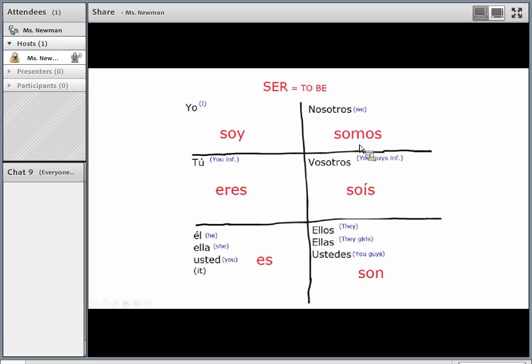We only say nosotros somos. Or ellos son. You never say ellos eres. It doesn't work. So those conjugations or changes of the verb go with those subject pronouns. This is something you really want to understand. You want to know really well, be very familiar with how this works.